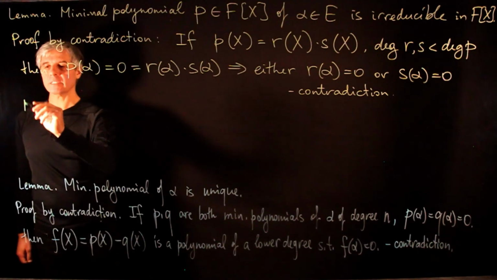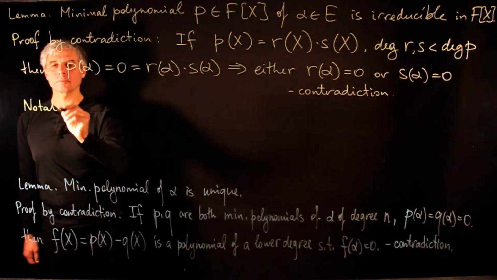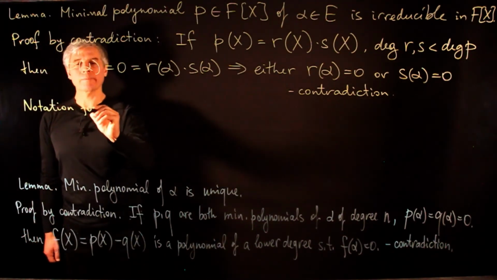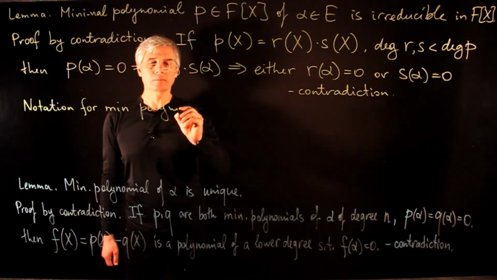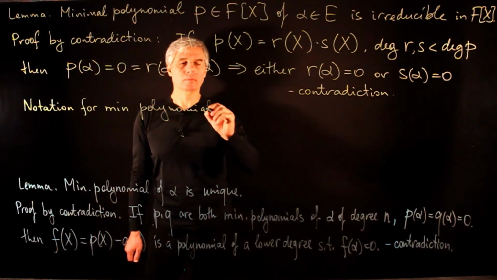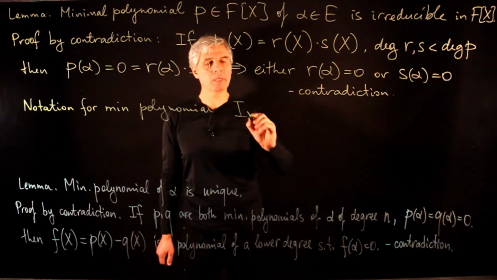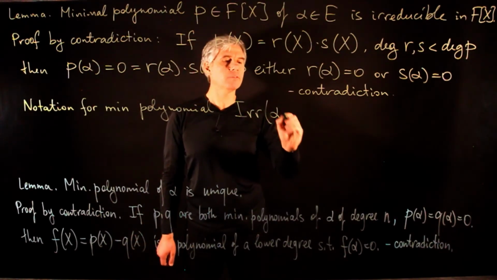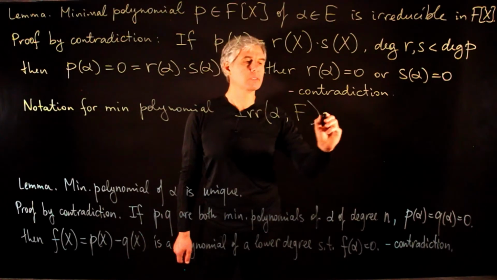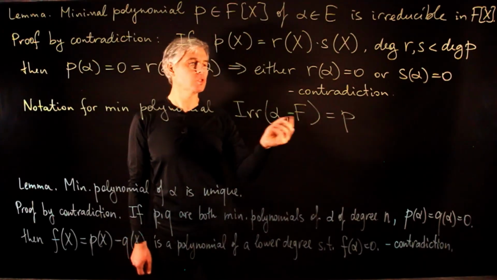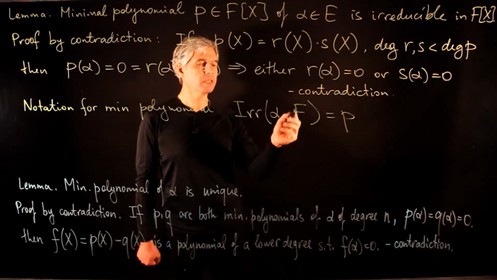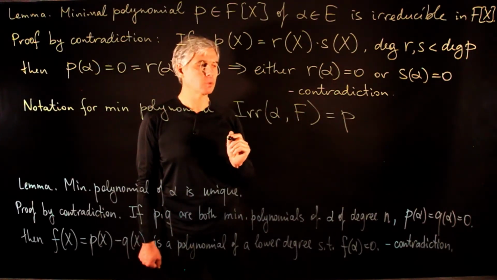So this motivates our notation for the minimal polynomial: irreducible of alpha over F. So this is our p of x. It will be the irreducible polynomial with coefficients in F that has alpha as a root.